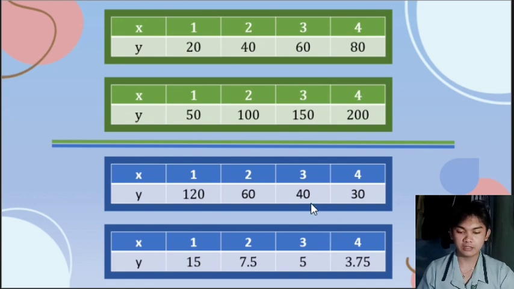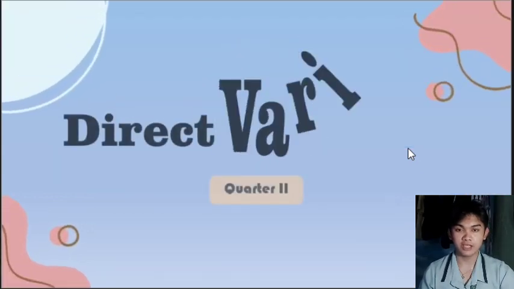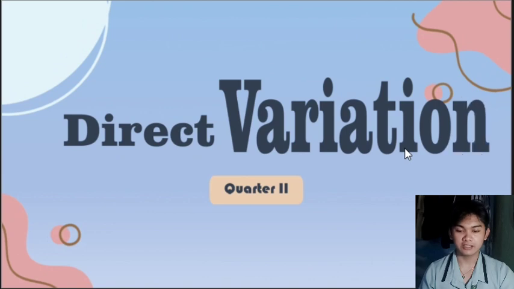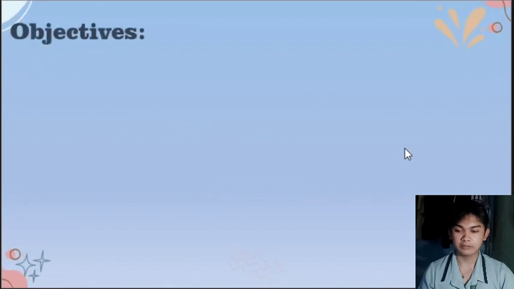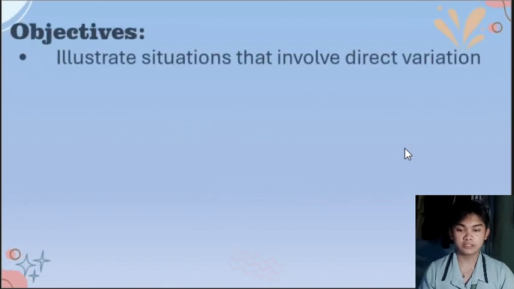Okay, so this activity is connected with our topic for today. Anyone who has an idea what will be our topic for today? Okay, so no one. So our topic for today is direct variation. Our lesson's objectives: first, illustrate situations that involve direct variation.